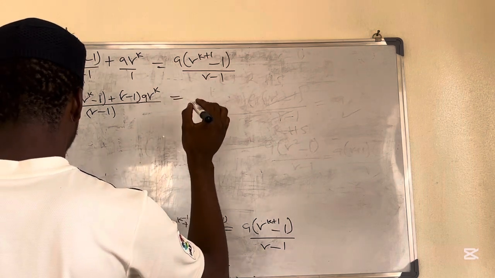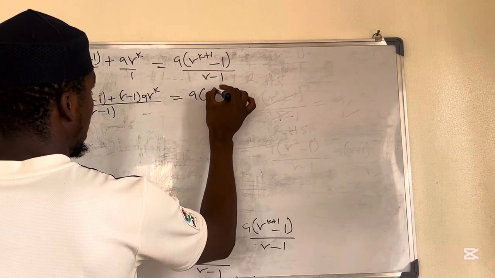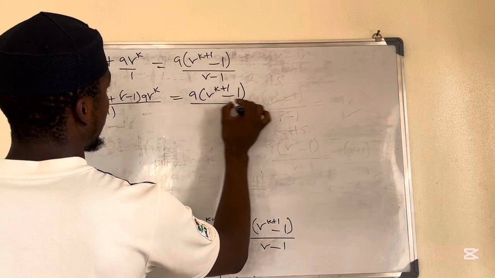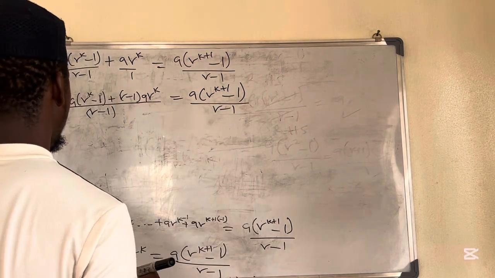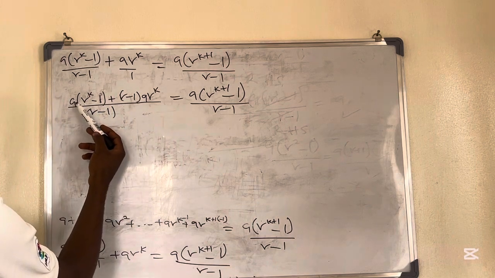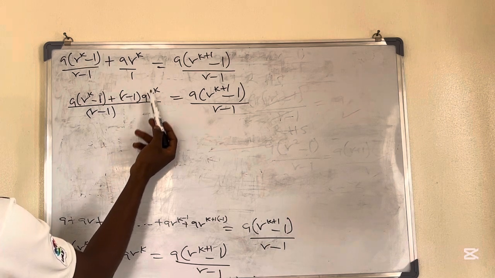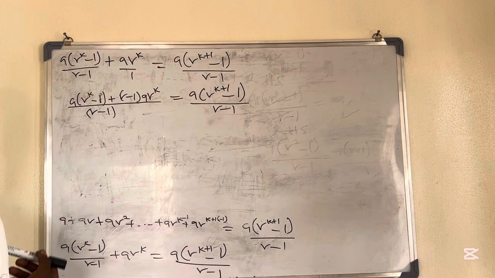Equal to the right hand side, which is a into r^(k+1) minus 1, all over r minus 1. So here we can multiply this a all through, then expand this bracket using a.